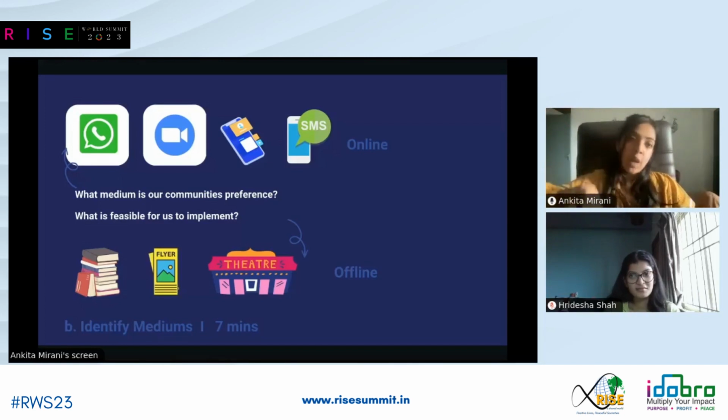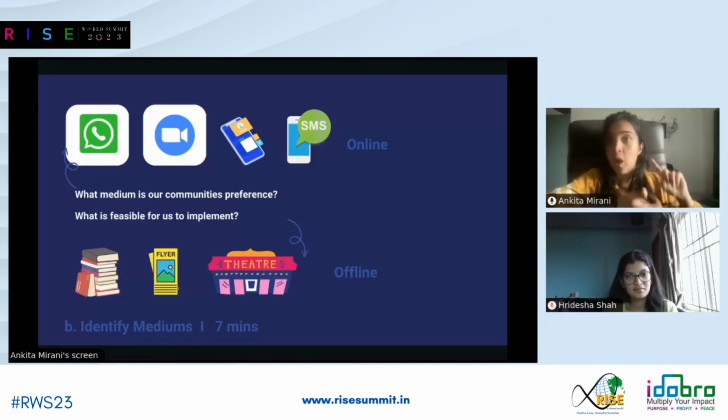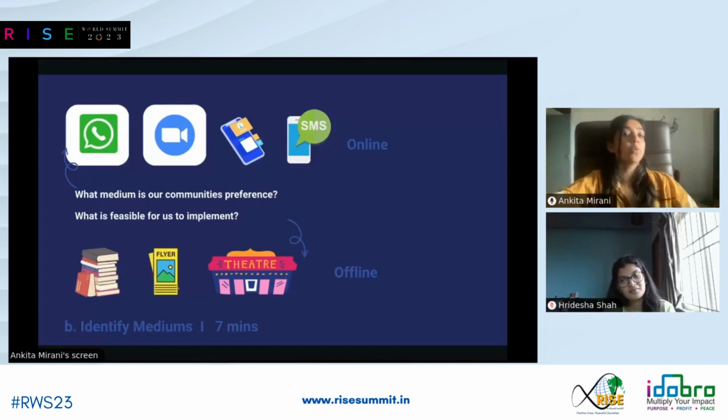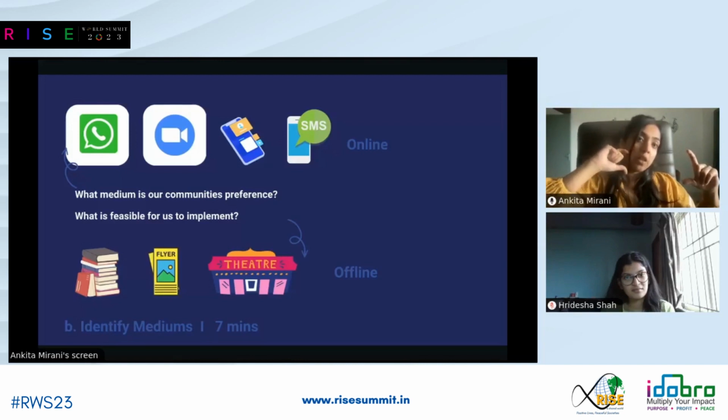So when we did this for us, the key thing that came in was we would not be able to attend to such large communities across India offline, which meant our budgets would go higher, our efforts would go higher, because we wanted this to be a recurring thing. So then we looked at online models and we looked at what our community's preferences were. We started with WhatsApp and we realized that for interactive things, we'd have to build their capacity for Zoom.